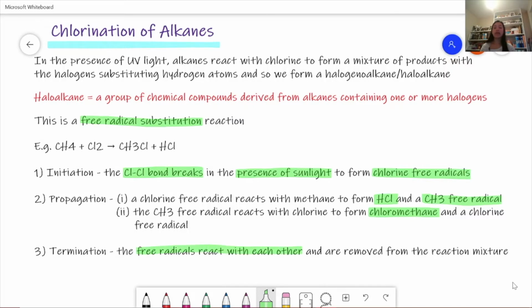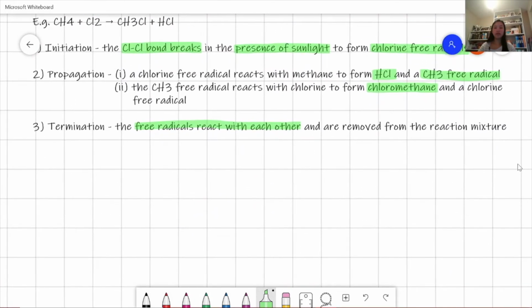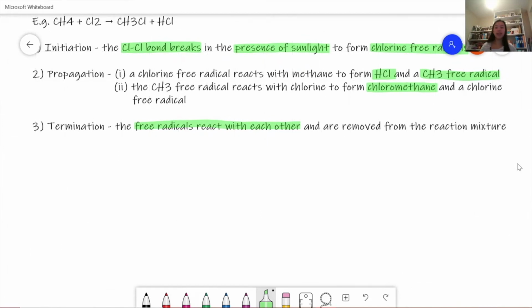So now we're going to have a look at this reaction. So the first step is initiation. So number 1 is initiation, and what happens is that this chlorine bond, this covalent bond, breaks homolytically. So we've got Cl, Cl, and that's the covalent bond that I've drawn.